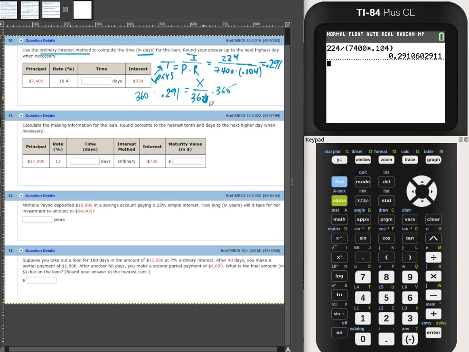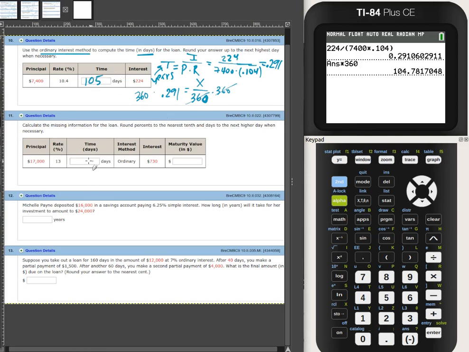It will cancel on this side. And then I will actually not have to round at all. I would just keep that answer and go times 360. So it's 104.7. It says to round up to the next highest day if it's necessary, so we will go with 105 days. Very good.